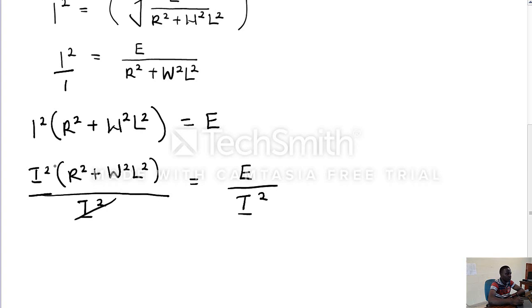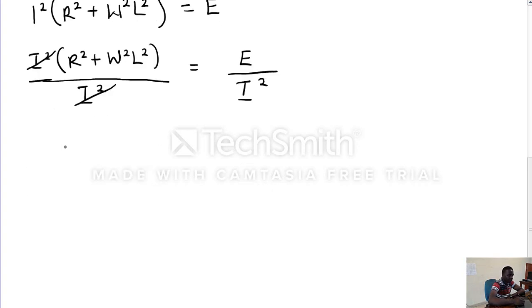I squared will get rid of I squared, leaving us with R squared plus W squared L squared being equal to E over I squared.